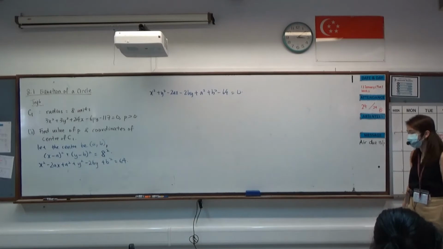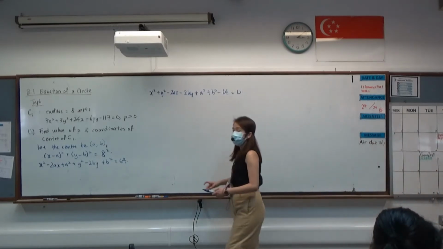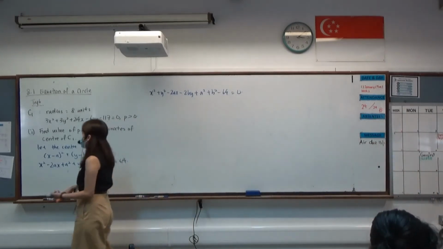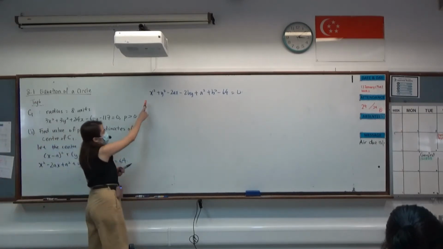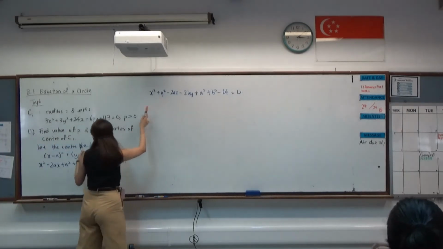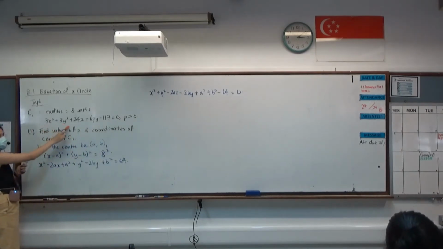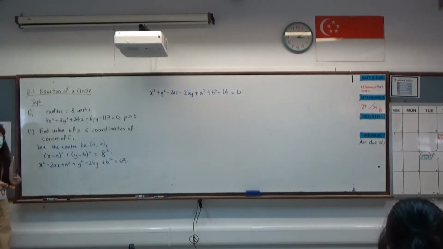Okay. So in order to do comparison, we got to ensure that the coefficients are actually the same in the first place. But there is one very glaring one that's surely not the same, which is the coefficient of x squared and y squared. So if you were to look at this and compare it with what we are given, there is an extra 3 over here.